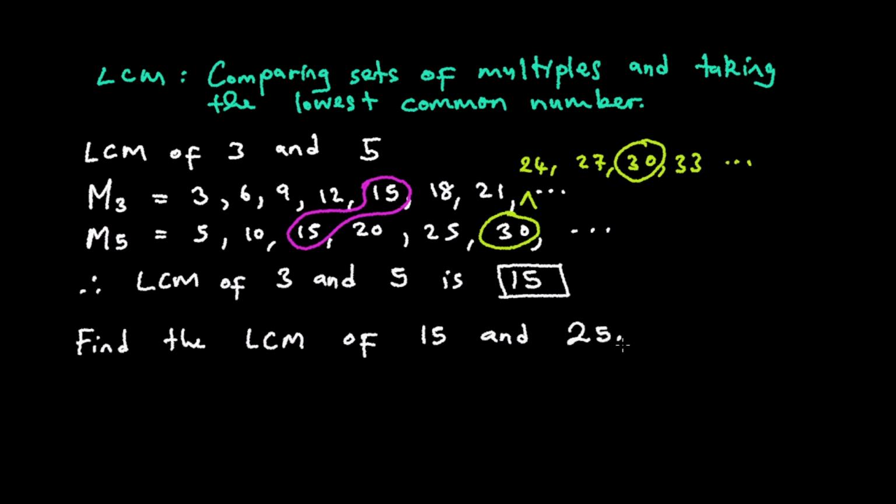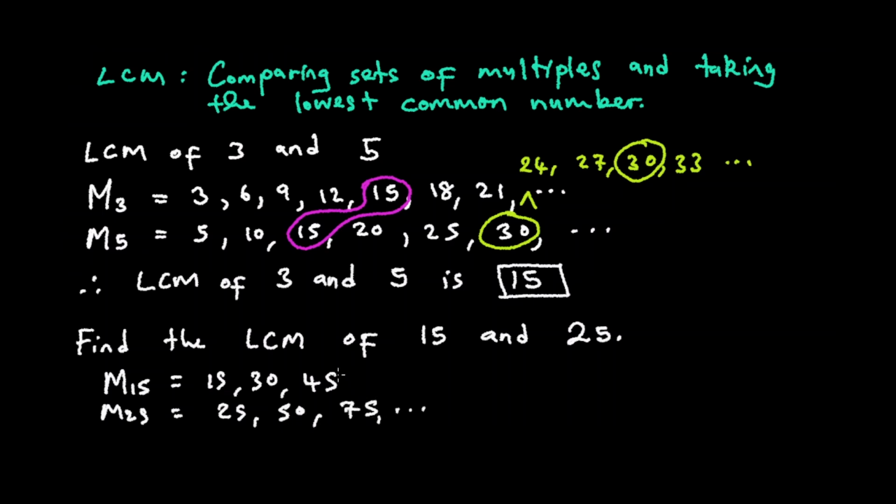Find the lowest common multiple of 15 and 25. If we list the multiples of 15: 15, 30, 45. Then the multiples of 25: 25, 50, 75. I think you can already see that getting to the first common one takes work.